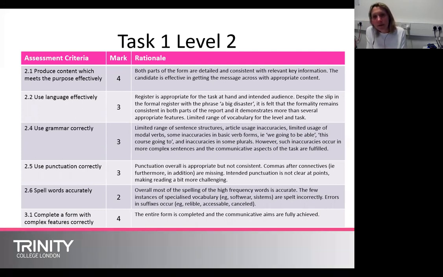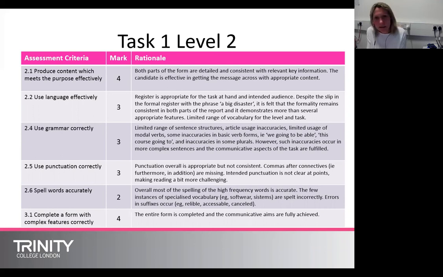So the candidate has completed both parts of the form with appropriate level of detail, and it is consistent with relevant key information. So the message is communicated with appropriate content effectively.